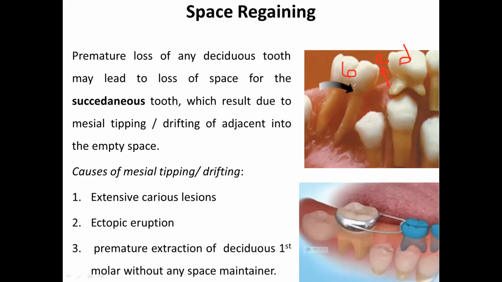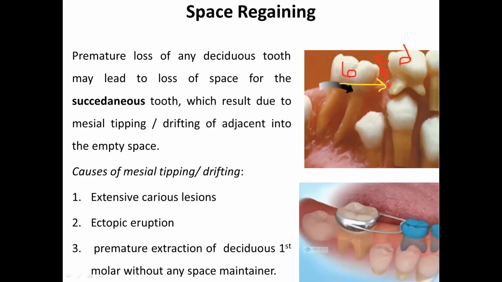what will happen? There is a natural tendency of a molar or of an adjacent tooth to drift into the space. So can you see here, this molar is drifted into the empty space, which is left by the deciduous second molar. What will happen when this tooth drifts into this space?